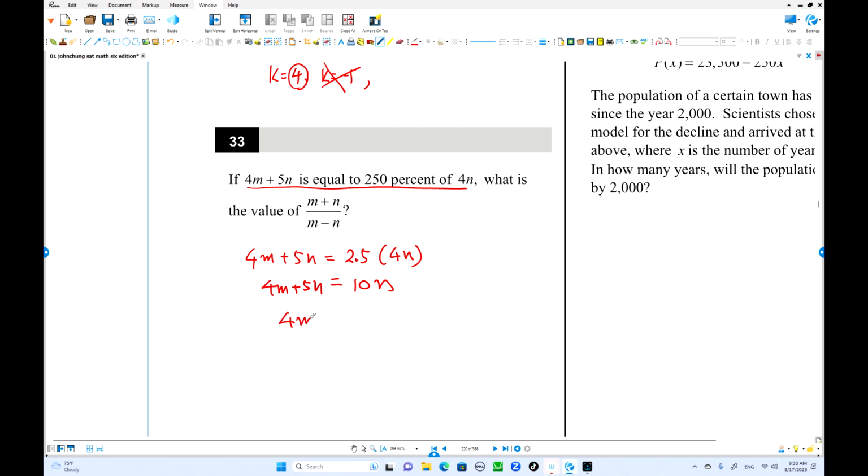From here, you can simplify. 4n equals 5n, right? So use some plug-in numbers. If m is 5, n must equal 4, right? You can use these numbers. M plus n is 9. m minus n, 5 minus 4 is 1, okay? The answer is 9, okay?